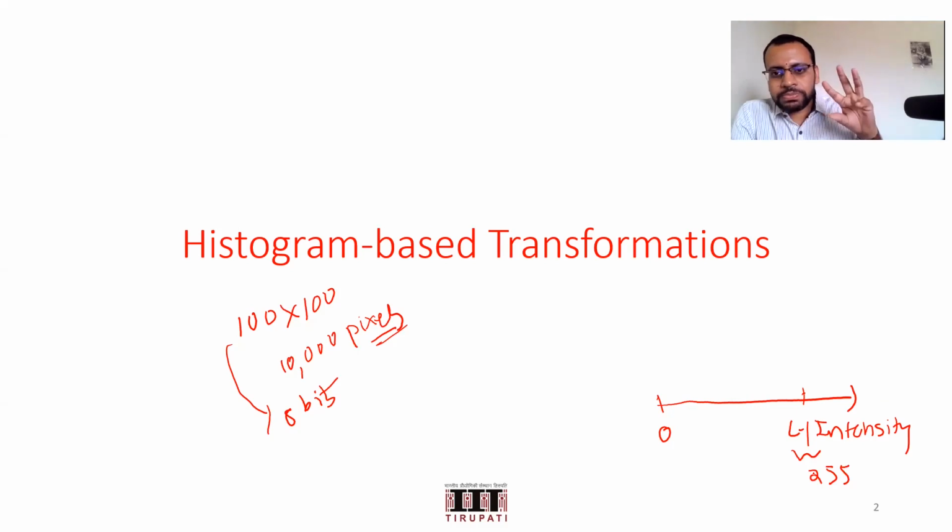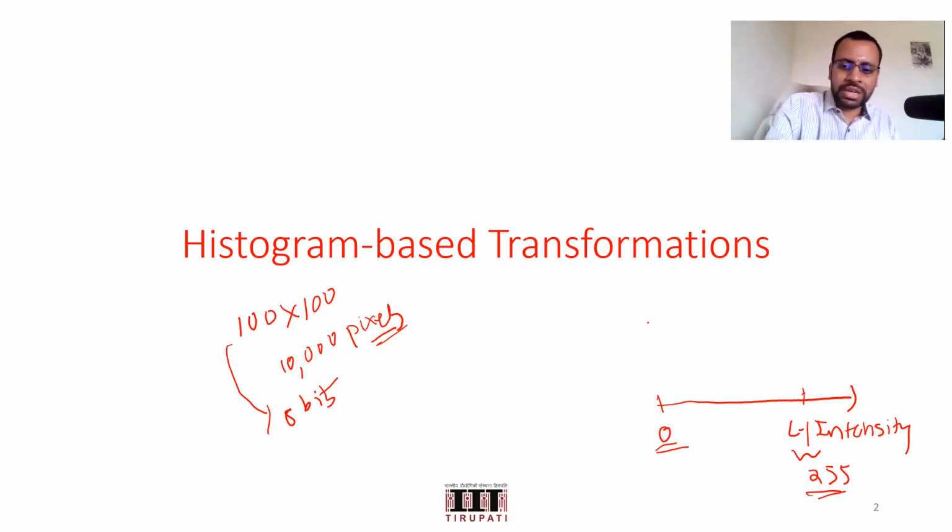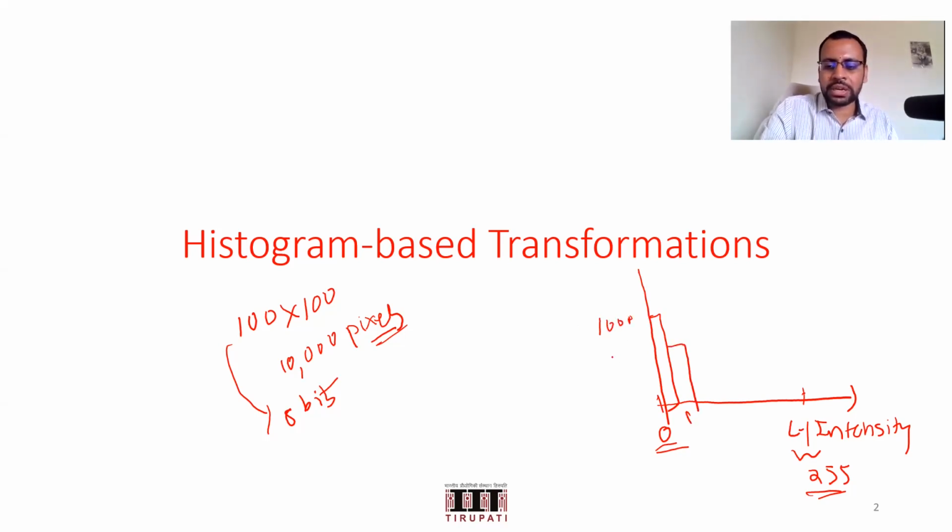So the summary of intensities of 10,000 pixels is represented by a histogram containing 256 distinct values, where it could tell me, for example, that out of those 10,000, 1,000 pixels are having 0, then 1 is having, say, 200 or 500.